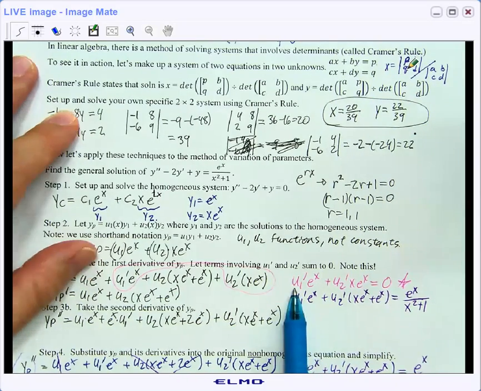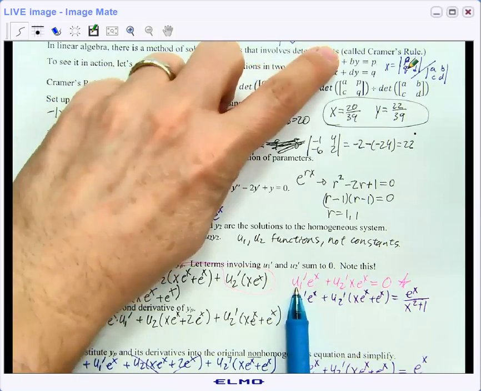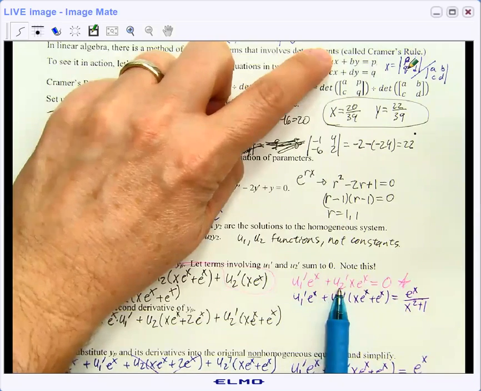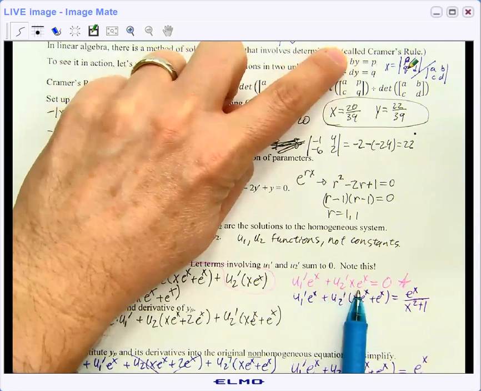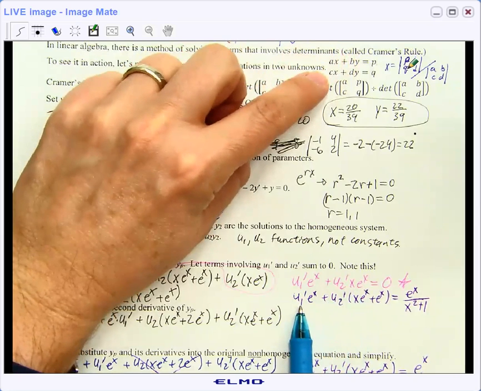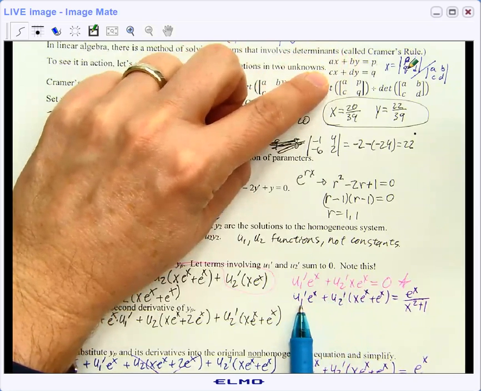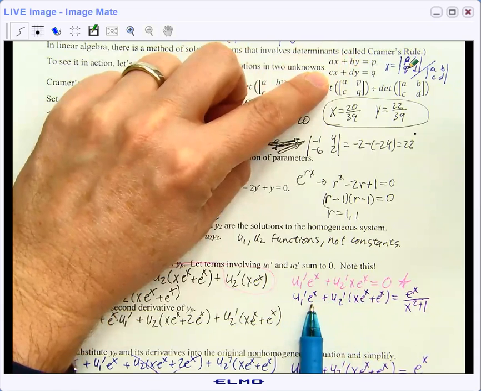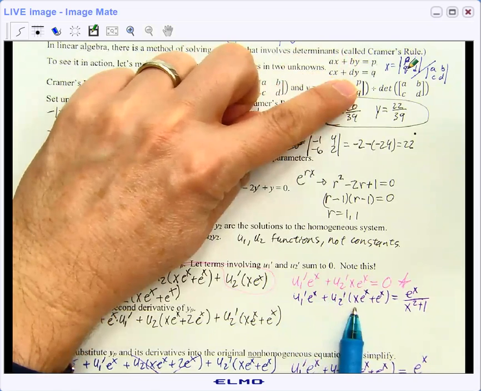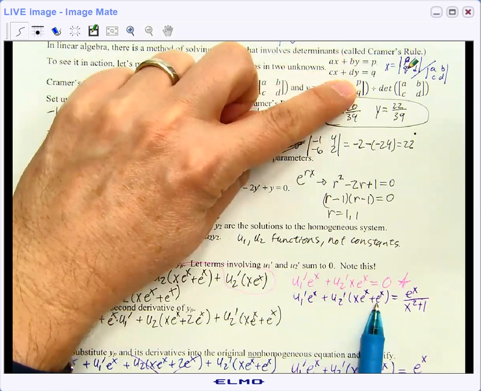If I were to let u1 prime be the x, then the a would act like e to the x. If u2 prime is the y, then b would act like the x e to the x. Similarly, u1 prime again is the x, and c would be e to the x. And if we let u2 prime be the y, then d would be x e to the x plus e to the x.